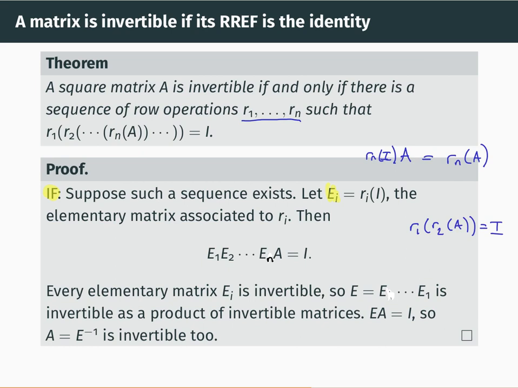Well, in that case, you know that R2 of A is equal to the corresponding elementary matrix to R2 multiplied by A, which with our notation will be E2A. But then we can use this result again. Doing R1 is the same as multiplying by the elementary matrix corresponding to R1, which is E1. So from that we get E1 E2 A equals the identity.